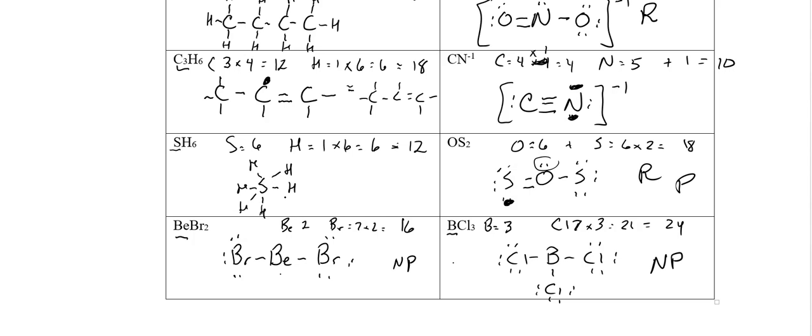6 sides here. 1, 2, 3, 4, 5, 6. Erase that, don't want to confuse anybody. 6 times 6, all 6 sides are exactly the same, so it is nonpolar. All right, central atom, long chains, these carbon chains are all nonpolar.